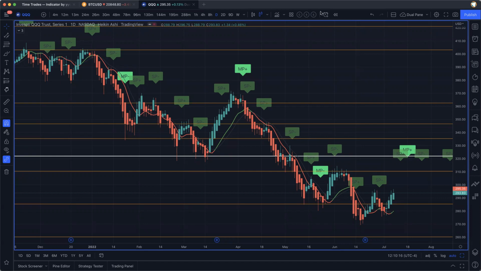Let's get into it. I'm going to start with the updates that I made to the small and medium pivot indicator in the TradingView script. So what we're looking at here in the QQQs is the Time Trades script, okay? And this was updated in the last week.